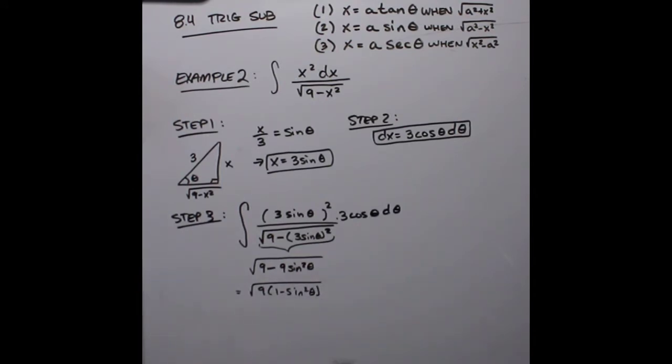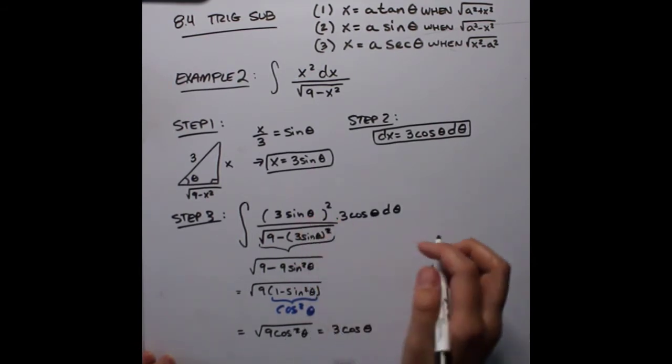And from your trig identities, we know this one. This is cosine squared theta. So this is the square root of 9 times cosine squared theta, not minus, and then square root this. This is just 3 cosine theta. And so that's the denominator.